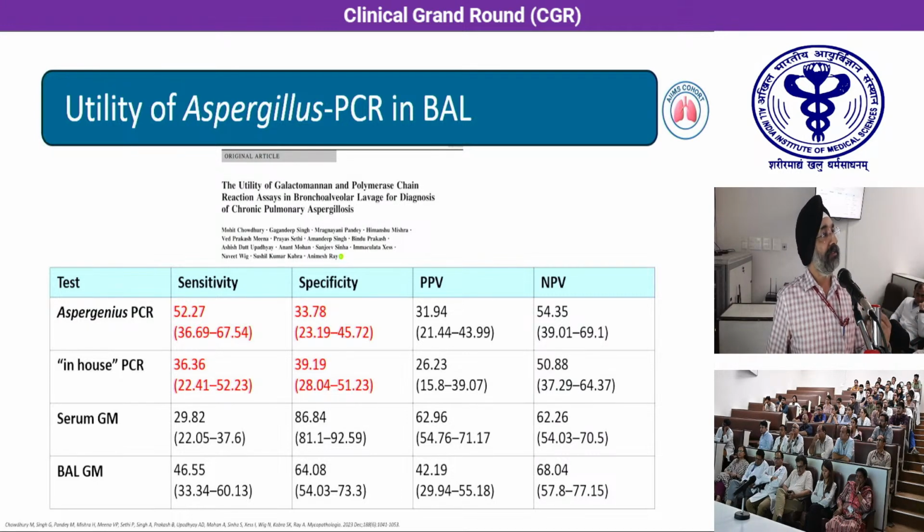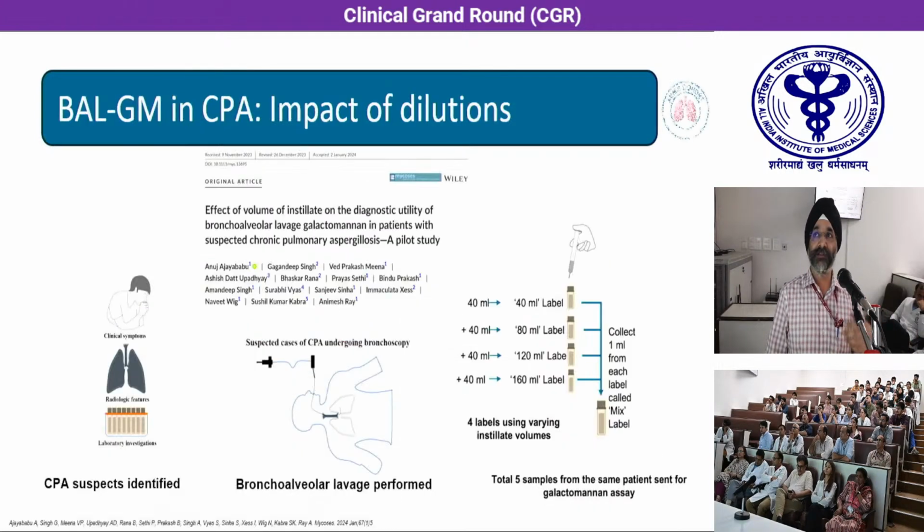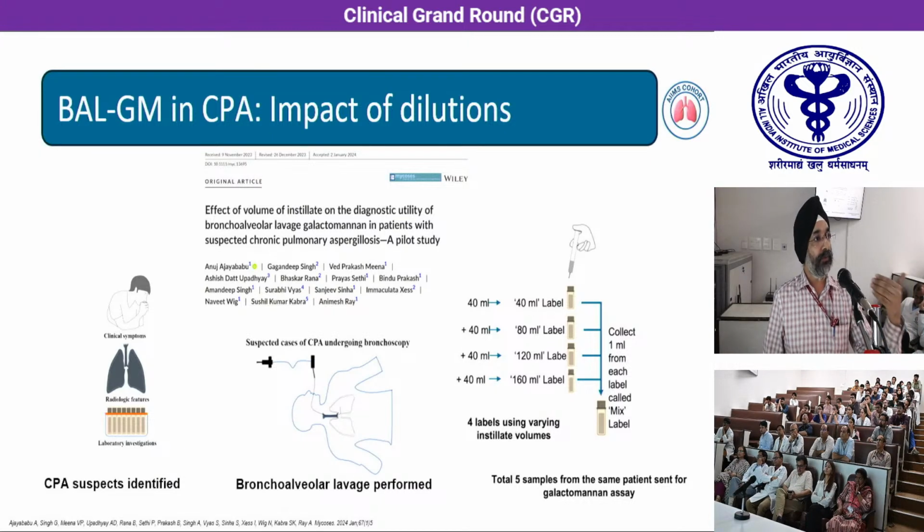Maybe the BAL being sent to the laboratory is diluted, or we wondered what dilution is being sent, and this led to this study, where different volume instillates were checked. For every patient, we took 5 samples. The first sample was where 40 ml was instilled and then aspirated, and a cumulative volume of 40 ml was added at each step, so that final volumes of 40, 80, 120 and 160 were obtained from each patient.